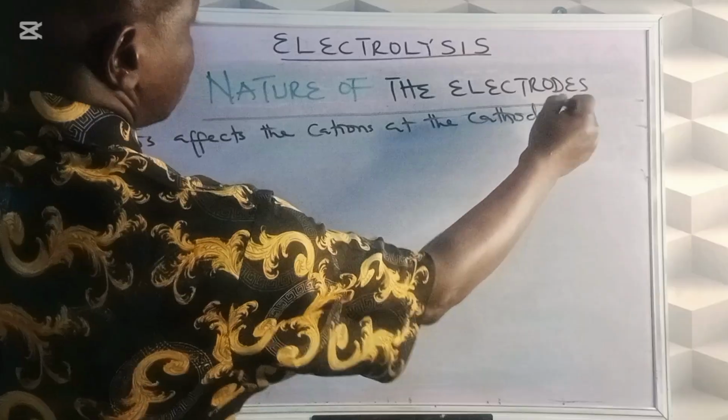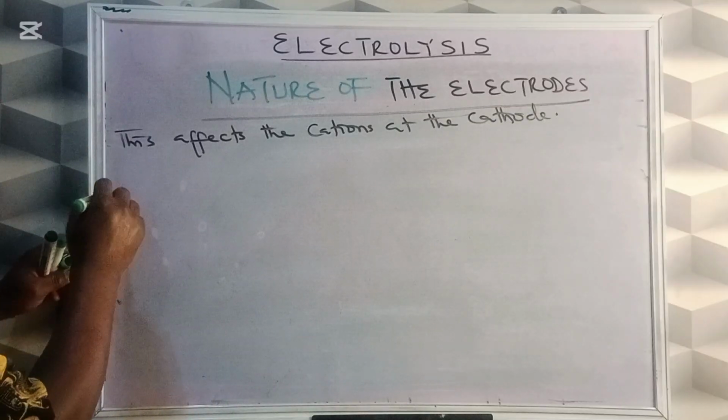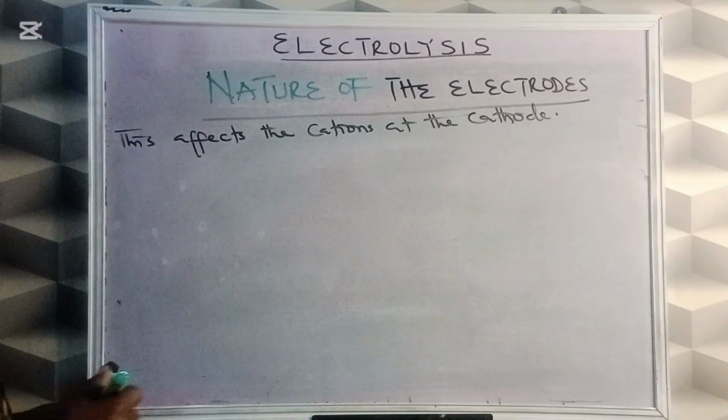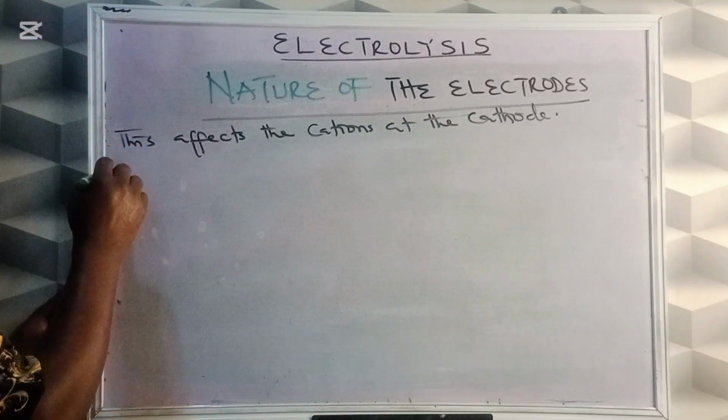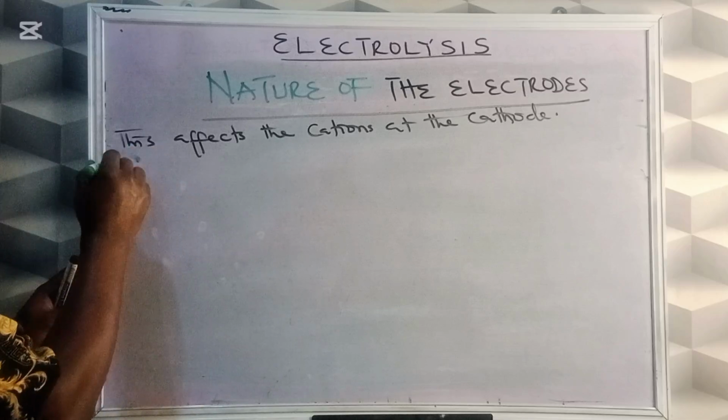Take note of why concentration affects the anions at the anode. How? We are going to use an example to illustrate this.